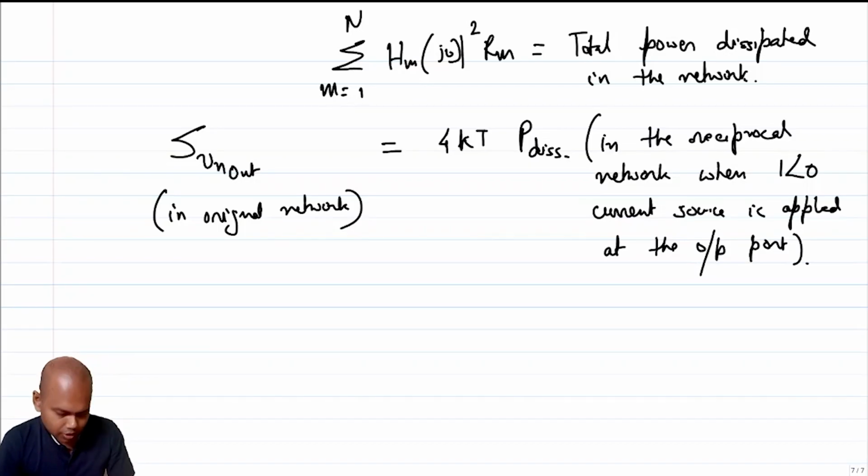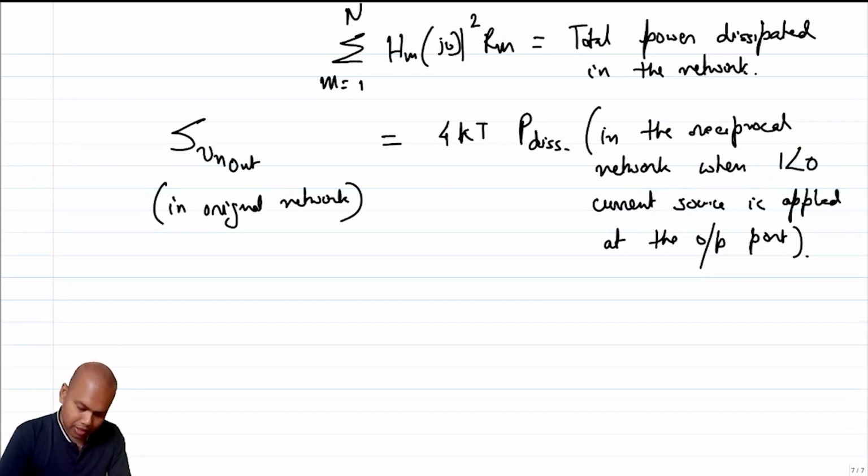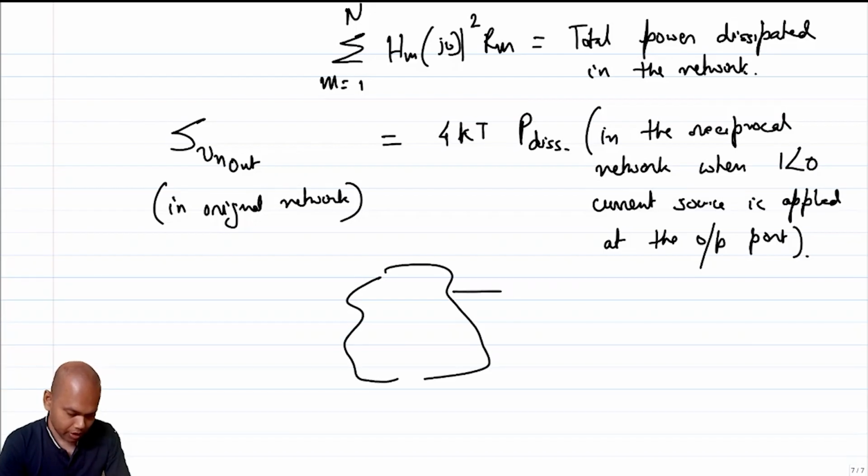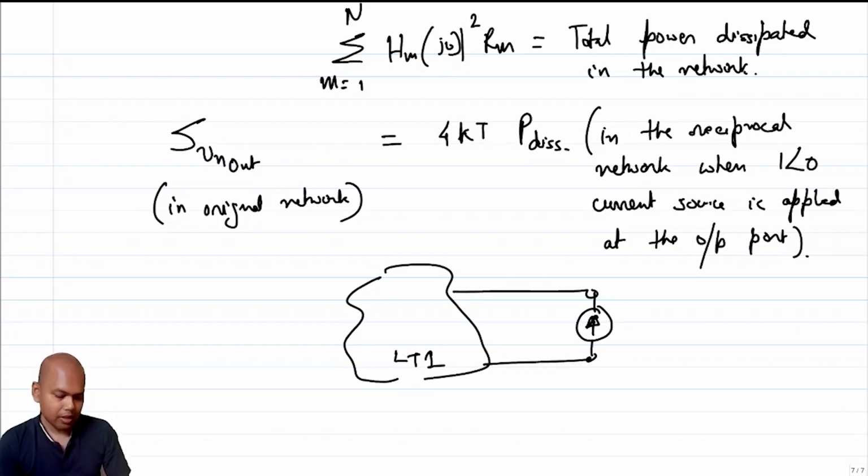Okay, so this is neat, but we are still not done, because if you recall from one of the earlier lectures, you have a network and I am driving it with any current source or a voltage source. If it's an LTI network, any LTI network, can I relate the power dissipation to the terminal characteristics of the network?